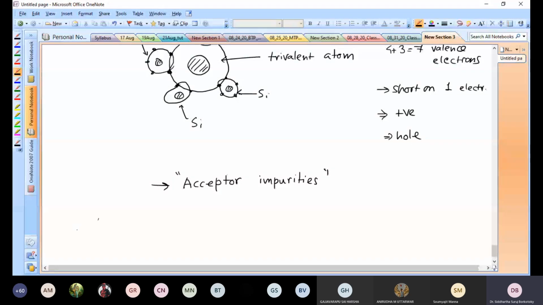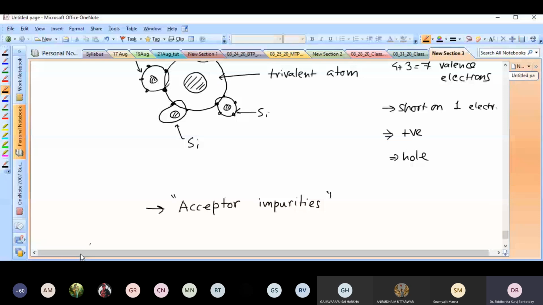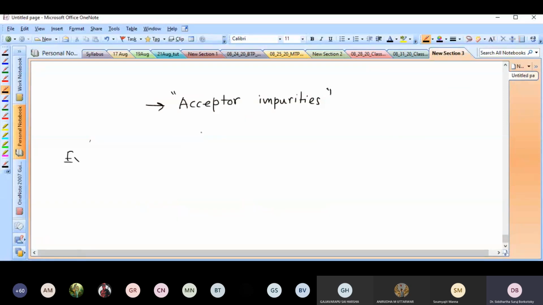So one of the example problems given in the textbook, which I'm going to repeat for us, is this. Suppose you have a doped semiconductor. You have 10 billion silicon atoms doped with 15 million pentavalent atoms.